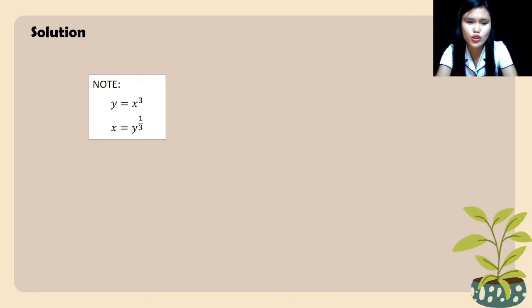Now for the solution, we have y equal to x cubed. If we solve for x, we have x equal to y to the power of 1/3, right? As you can remember, your exponential function. So how can we find its volume? The axis of revolution is the y-axis, so we use integration with respect to y.